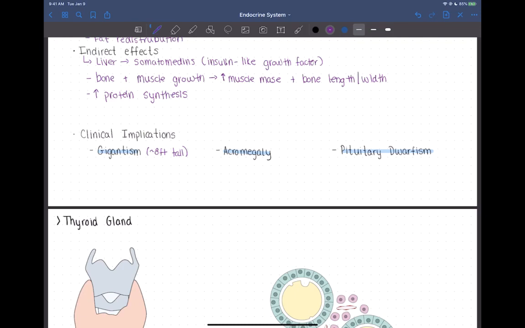And that is because they have received a high level of growth hormone as a child, and that's allowed their bones to grow in length. The important thing visually to understand is that these people would maintain normal proportions. They would just be very tall.